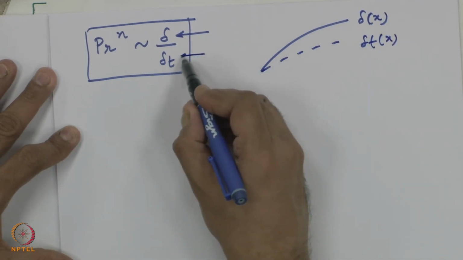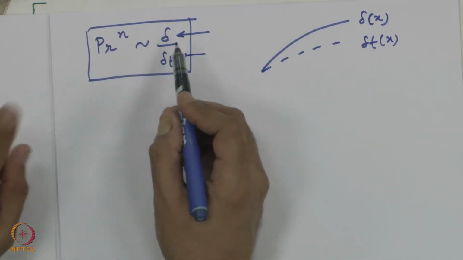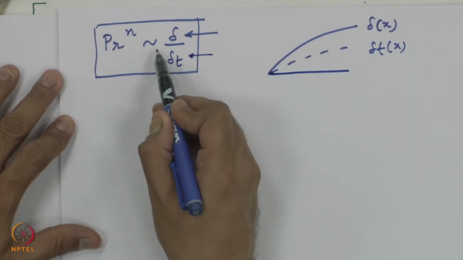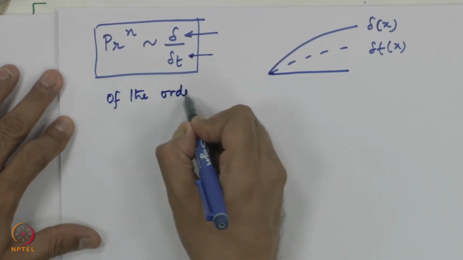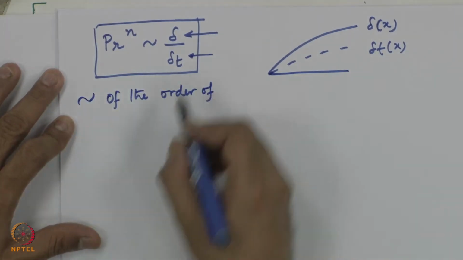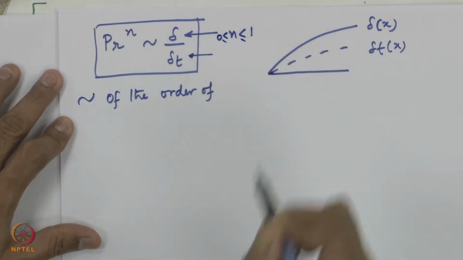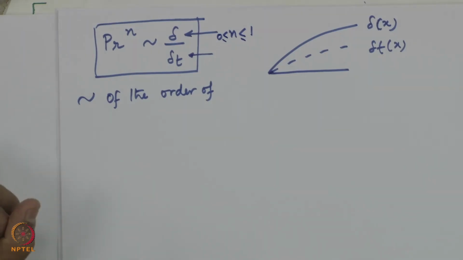So, this ratio is not equal to Prandtl number. This is a mistake which students make. It is actually of the order of Prandtl number to the power n, where n is less than 1, 0 less than n less than or equal to 1.